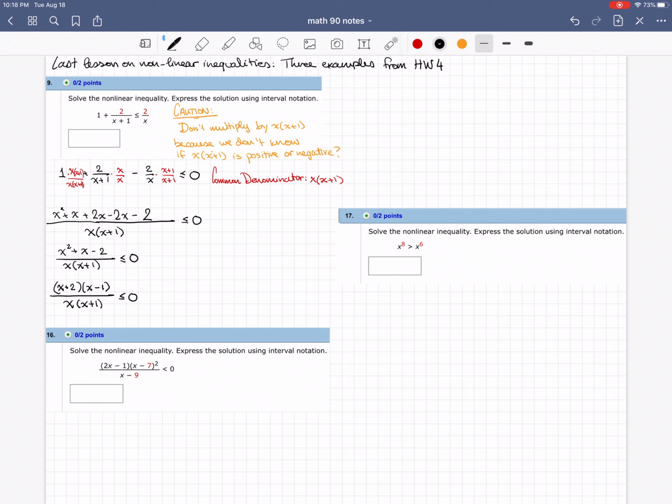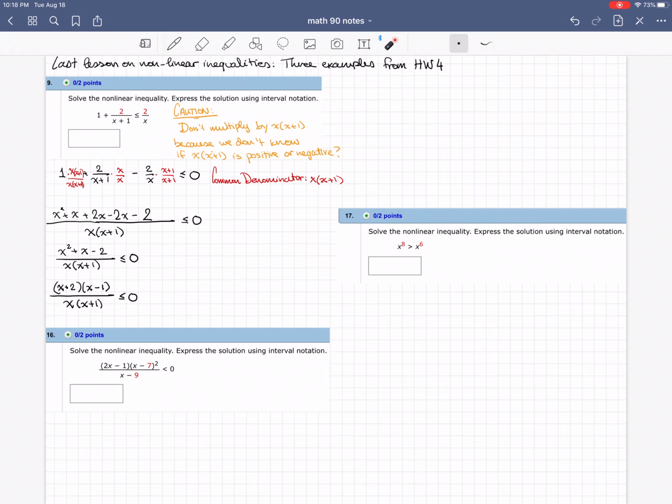So now that this is all cleaned up, what do I mean by that? The inequality no longer has this problem of not being set to 0 on one side. We've put everything over a common denominator, and once we did that, we combined like terms and factored, so that now we've got our entire expression decomposed into simple factors on the top and simple factors on the bottom.